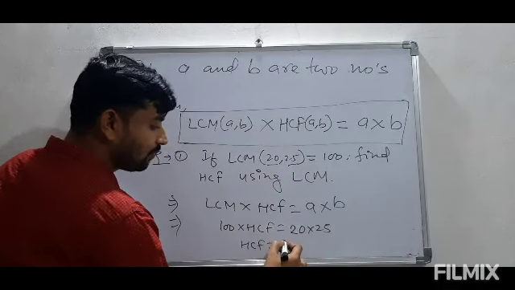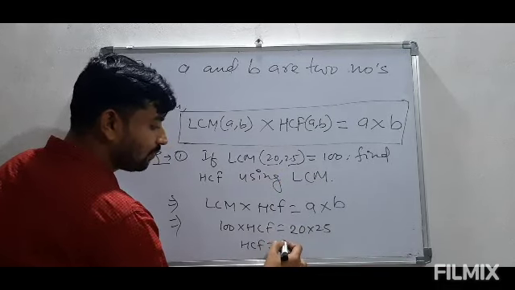Now there is a very simple application, like we have to prove that 5 into 3 into 2 into 1 plus 5 is composite. This kind of question is there.